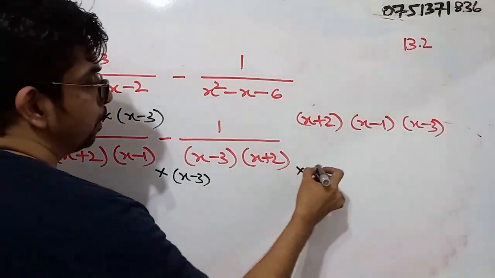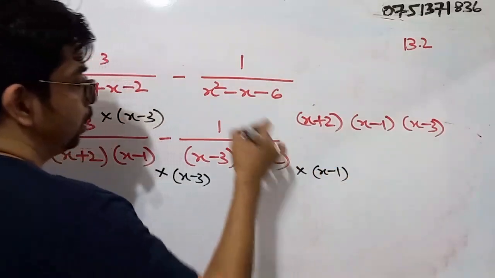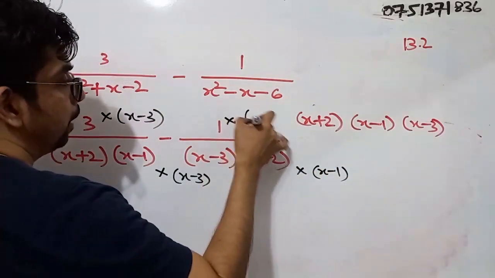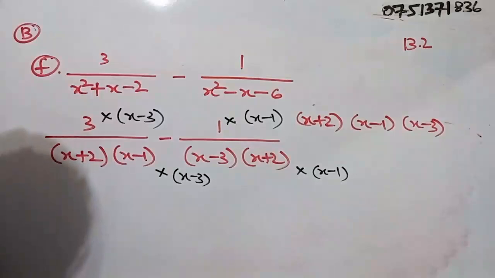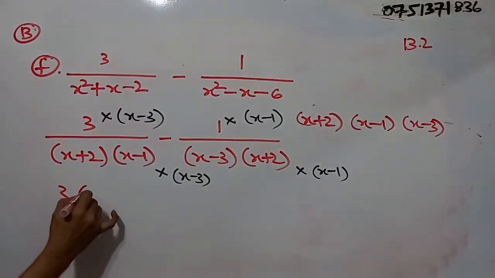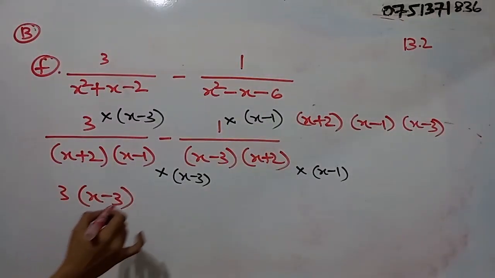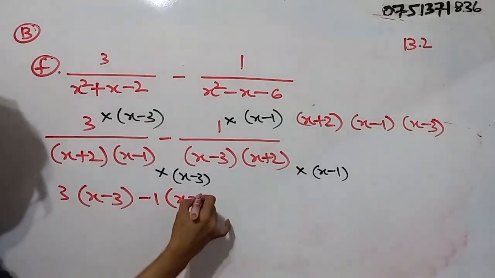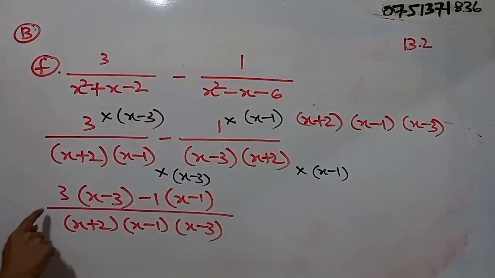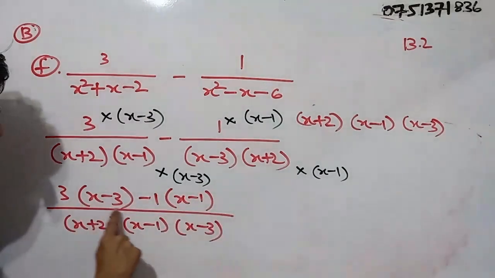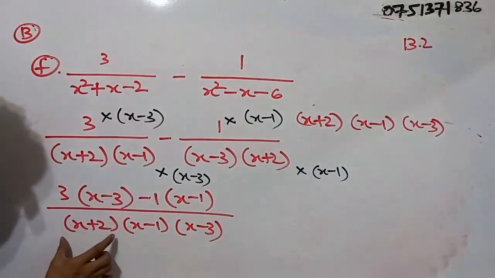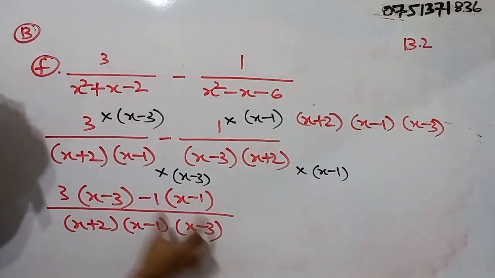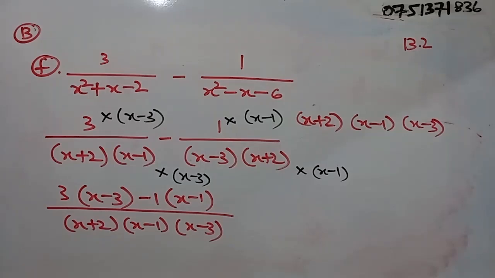That means we need to multiply this by x minus 1. So we need to multiply the numerator by x minus 1 as well. Okay. So 3 into x minus 3 minus 1 into x minus 1. So then we have to divide this entire expression by x plus 2, x minus 1 and x minus 3. Right? So it should be the common denominator. Right. We will continue from here.